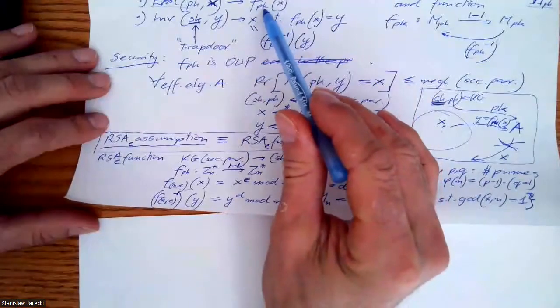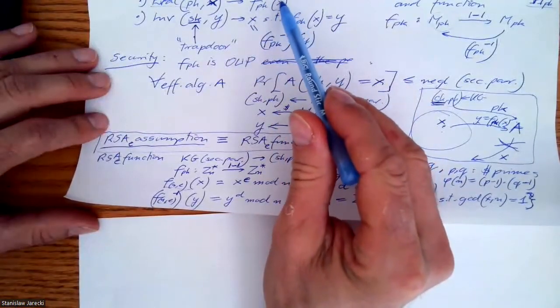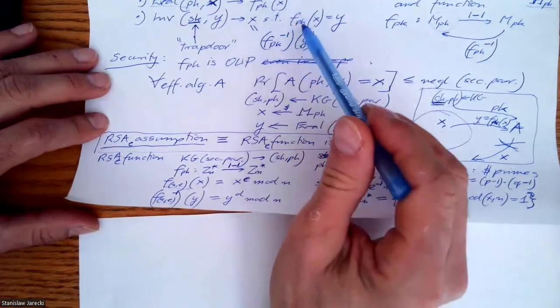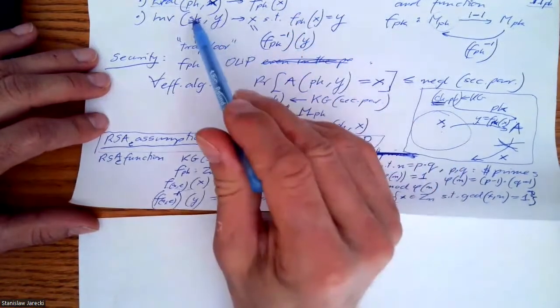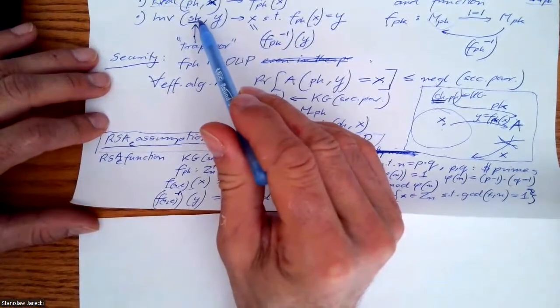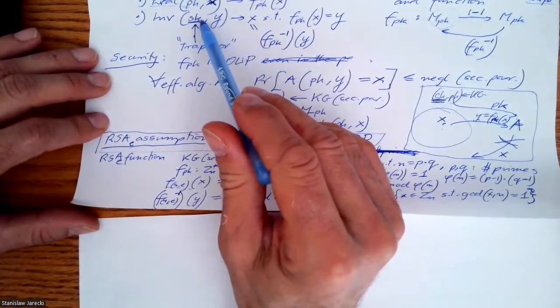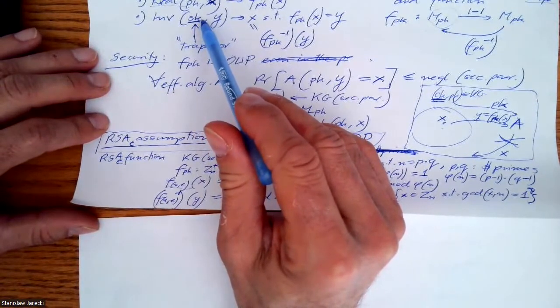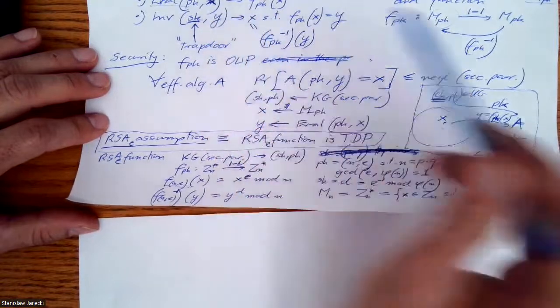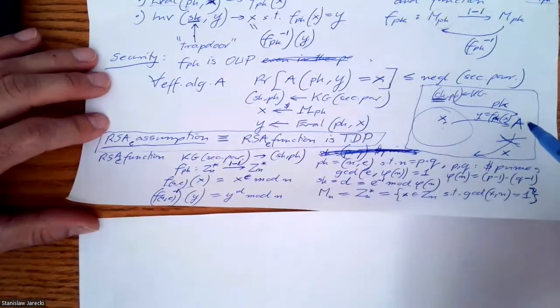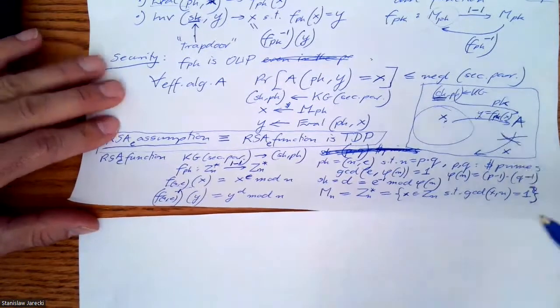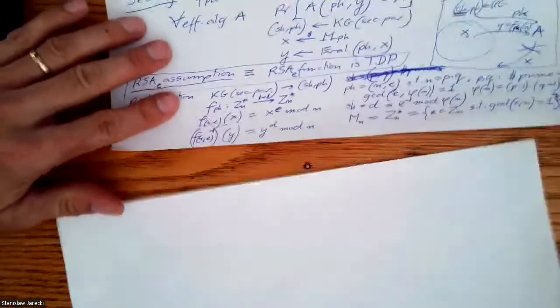The function is taking e-th powers mod n. The inverse is taking d-th powers mod n, which is equivalent to taking e-th roots mod n. Assume that taking e-th power is a one-way function. So how could you use it to sign?